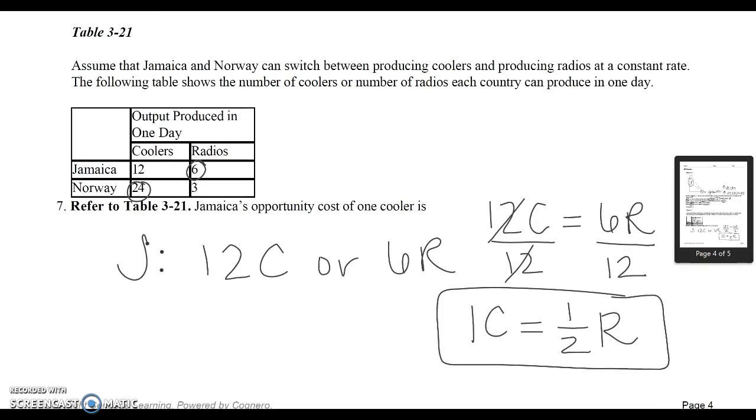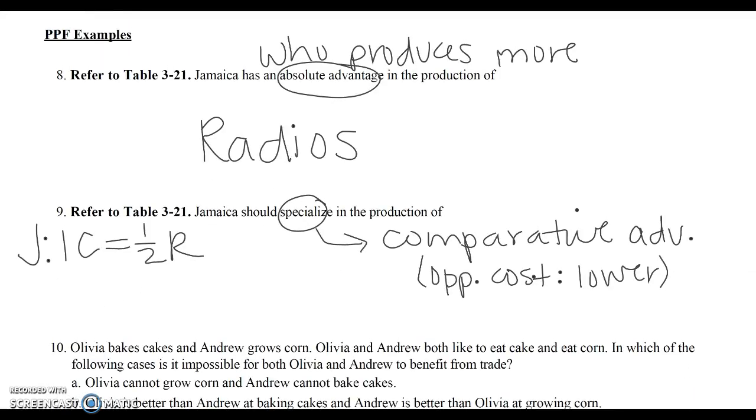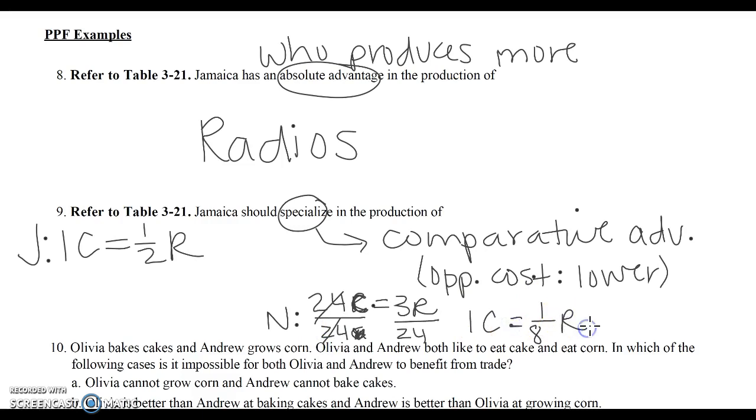But if you look up here, let's figure out Norway. Norway is 24 coolers to 3 radios. So if you divide this out, oops, you don't need that C there. All right, so this comes out to 1 cooler is 1/8 of a radio.